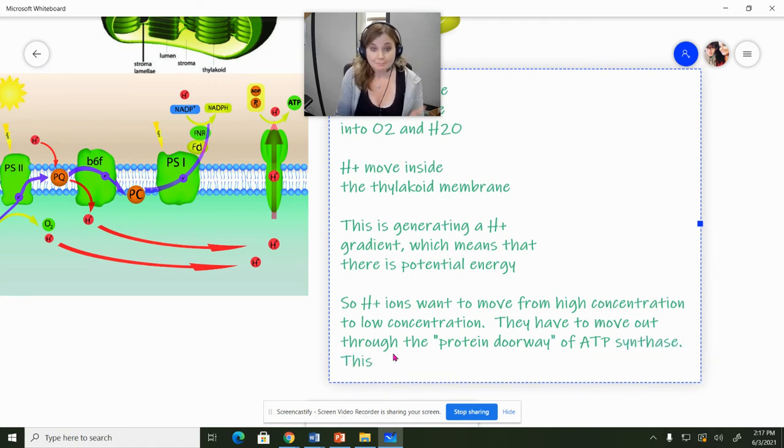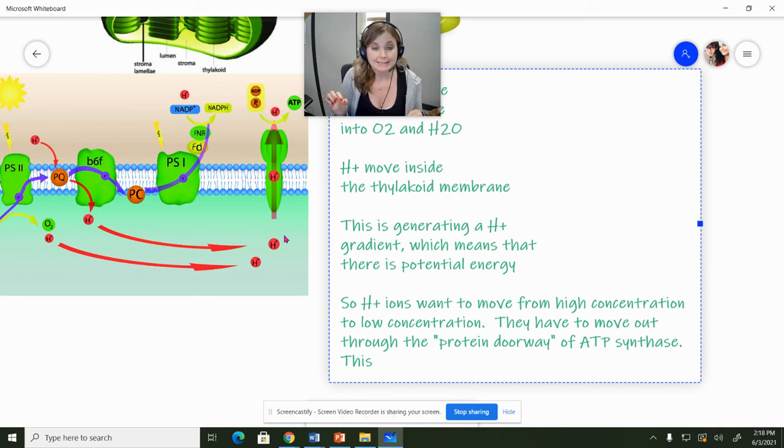So they're at a higher energy state right here, and this is a lower energy state. They basically have a lot of potential energy. They lose that potential energy and give it to ADP to make ATP. So that energy is used to attach another phosphate to the molecule ADP to generate ATP.